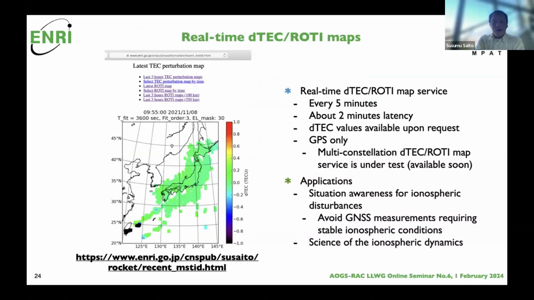So now these LOTI and detect maps are available in real time at this website. They are updated every 5 minutes, with 2 minutes latency. On the website we can only see the plots, but delta TEC values and the LOTI values are available upon request.